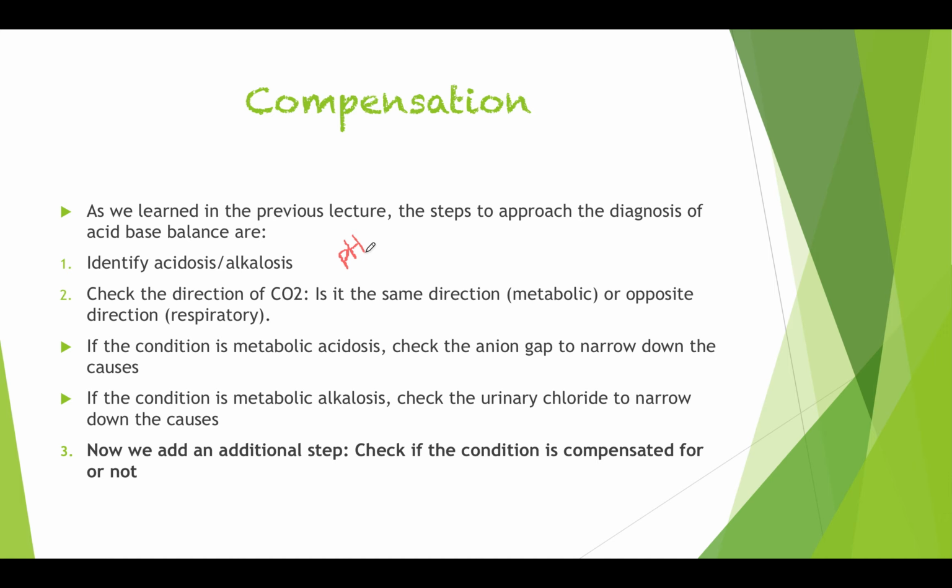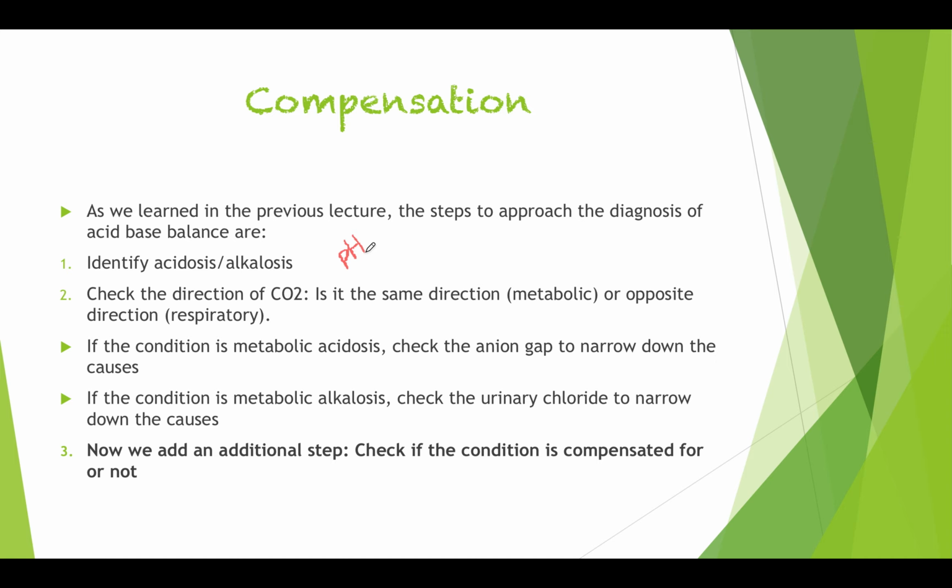If it is in the same direction, for example the pH and carbon dioxide are both low, this means that the patient has a metabolic problem. If the carbon dioxide is in the opposite direction, let's say the pH is low and the carbon dioxide is high, this means that the patient has a respiratory problem.